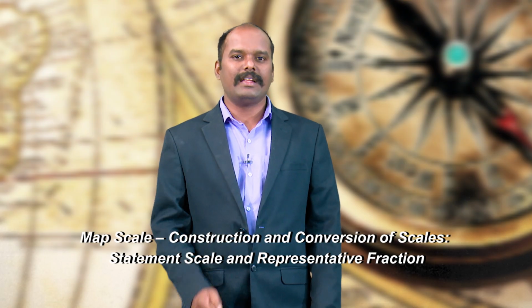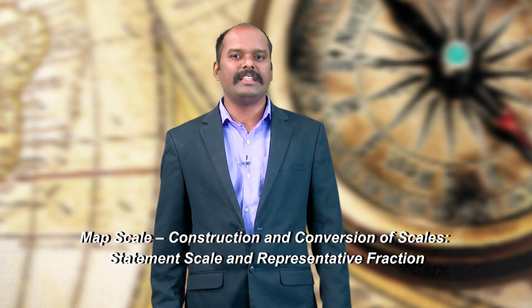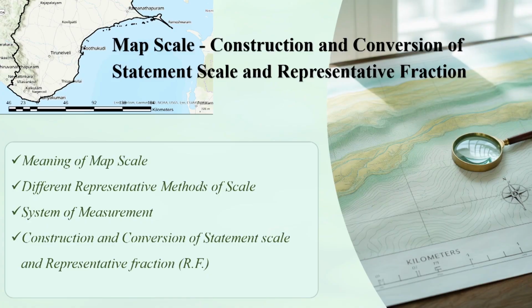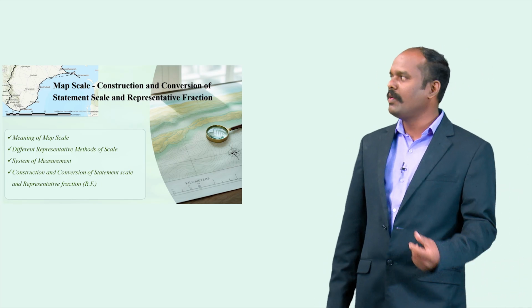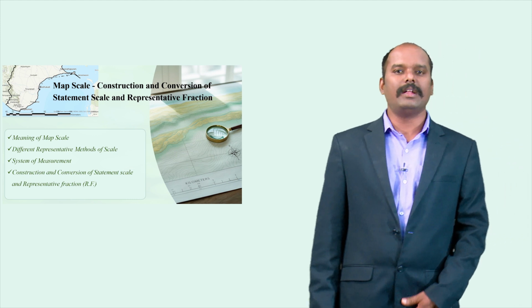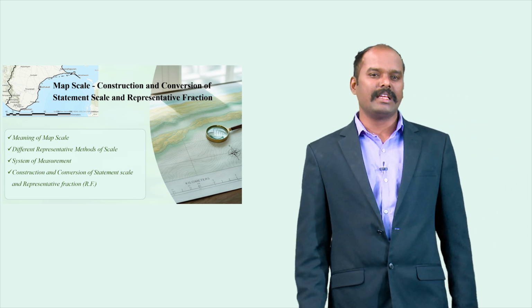Today, let us discuss the first lecture series concept, that is about conversion and construction of statement of scale and representative fraction, vice versa. This lecture will include the following concepts, as you see on the screen.